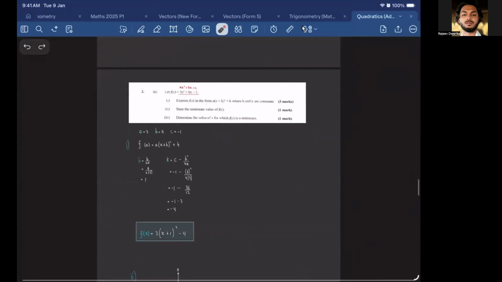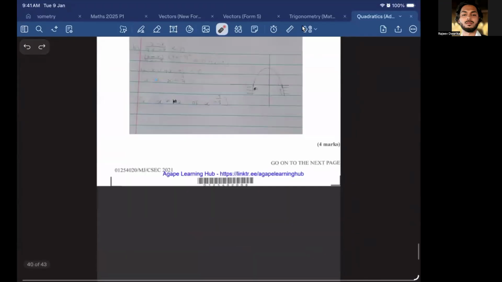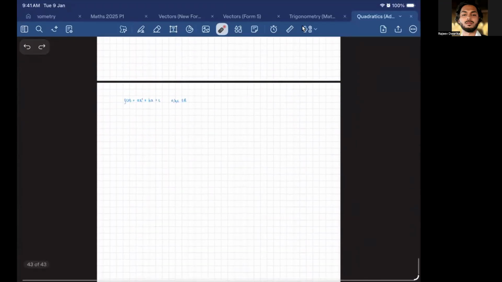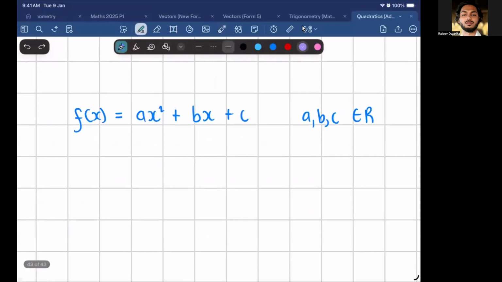Serena, do you understand that we don't want anything other than one? Yes, sir. So if I want to get rid of the a in front of the x squared, what would I do throughout? Divide everything by a. If I do that, what would I end up with? f of x over a equals x squared plus b over a x plus c over a.